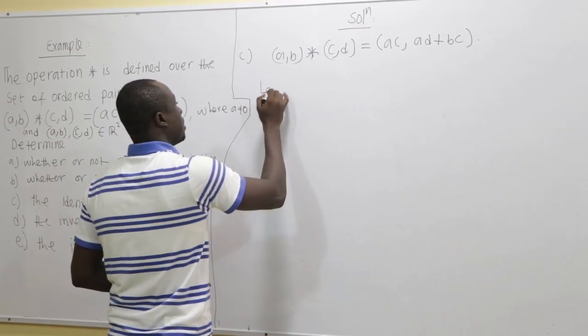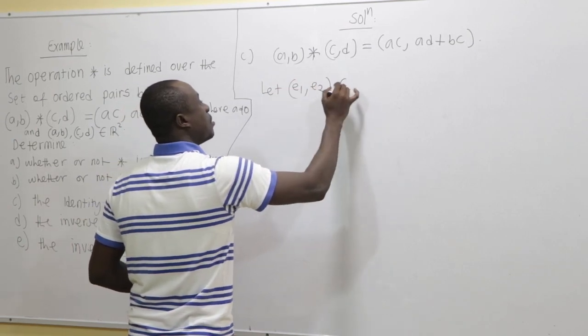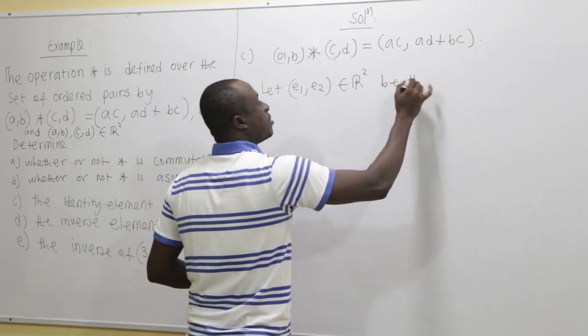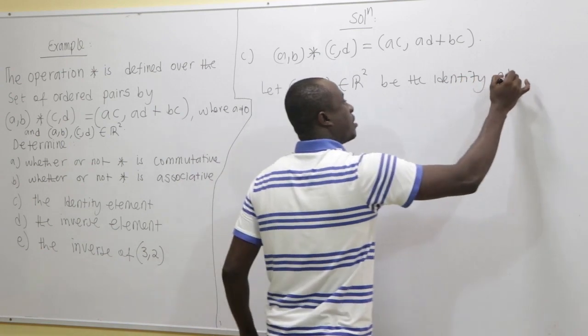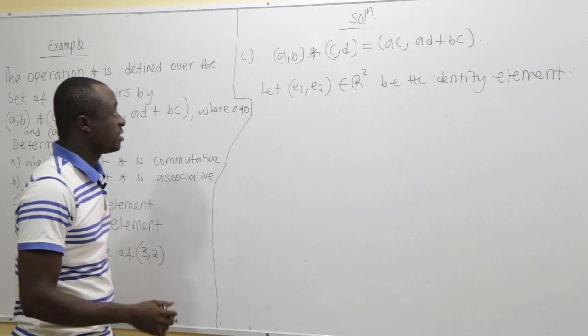Now we can see that (E1, E2), a member of R square, is the identity element. Now, what's the definition of the identity element?